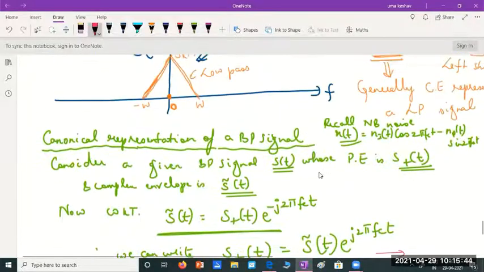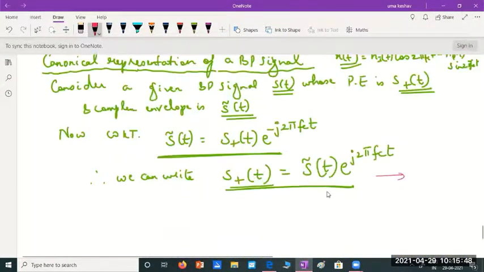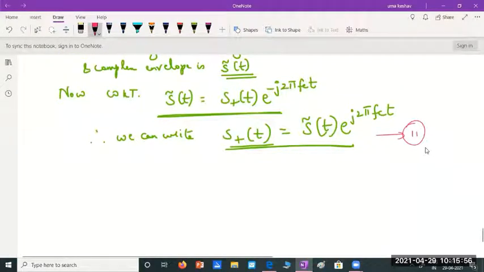What is this equation number? 11. Okay, so this is equation 11. Now using this, can I define also, we know the given signal S of t.